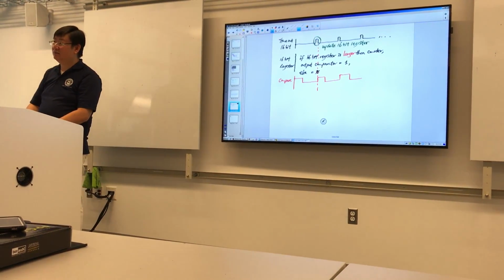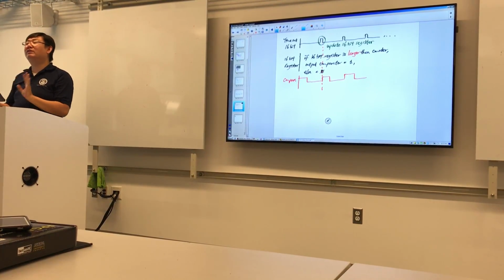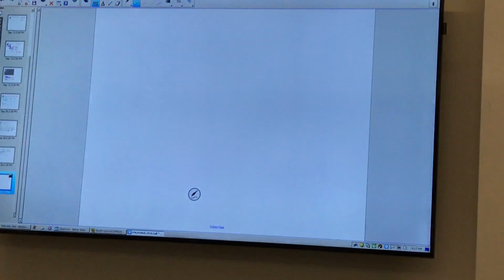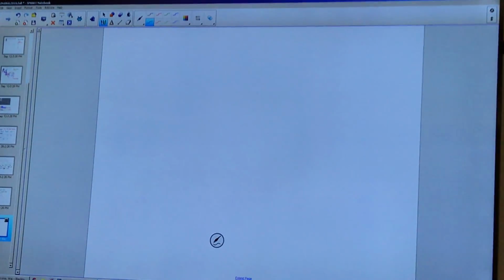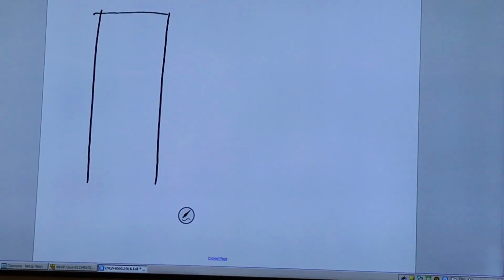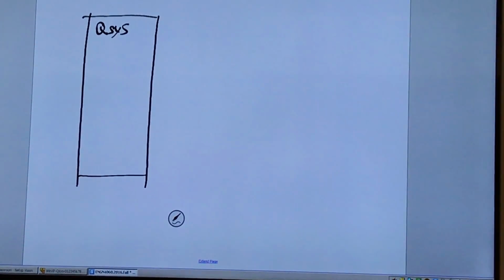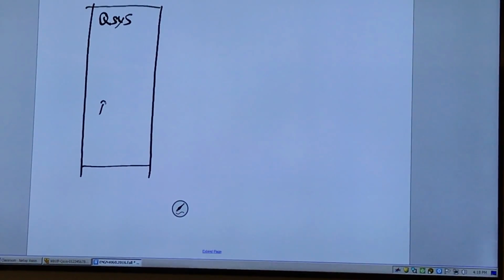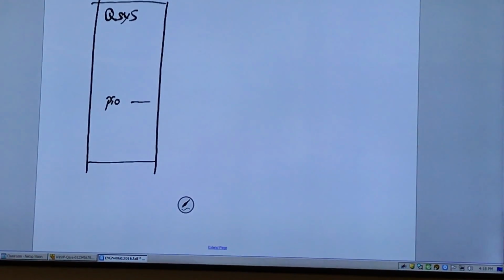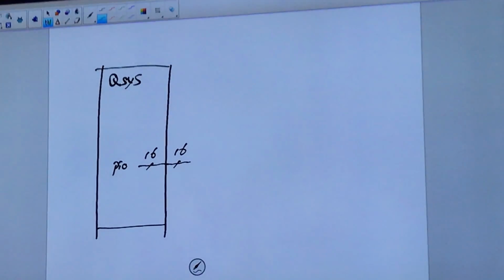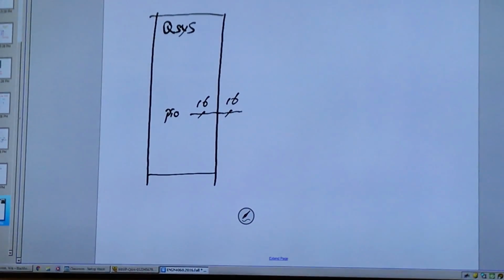Let's have a problem. So let's draw a block diagram. Exactly. So now we have our Q. This is our PIO, 16 going out to the external circuits. Okay.